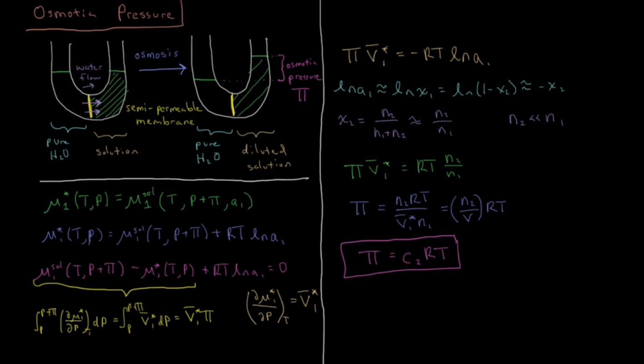So the C, again, is the molarity of the solute, and that is in units of moles per liter. Okay, so indeed the main assumption that we had here is that the activity of the water was approximately equal to the mole fraction, which was approximately equal to the Taylor series here for a dilute solution.